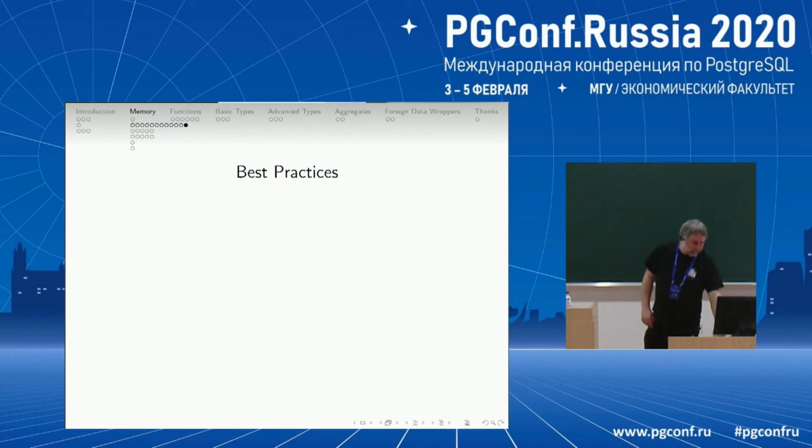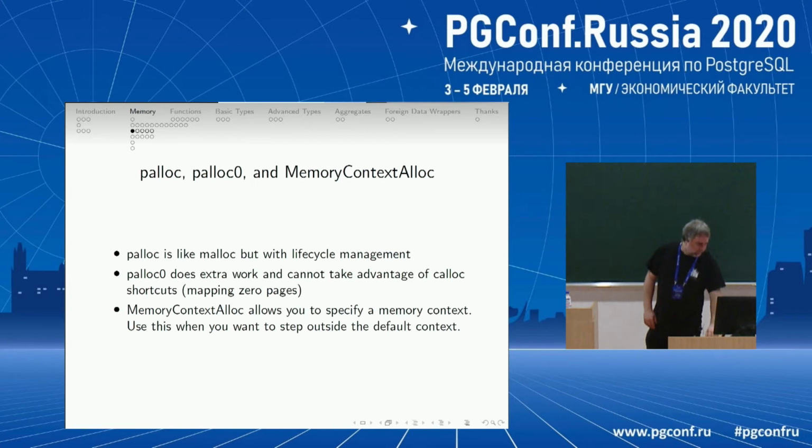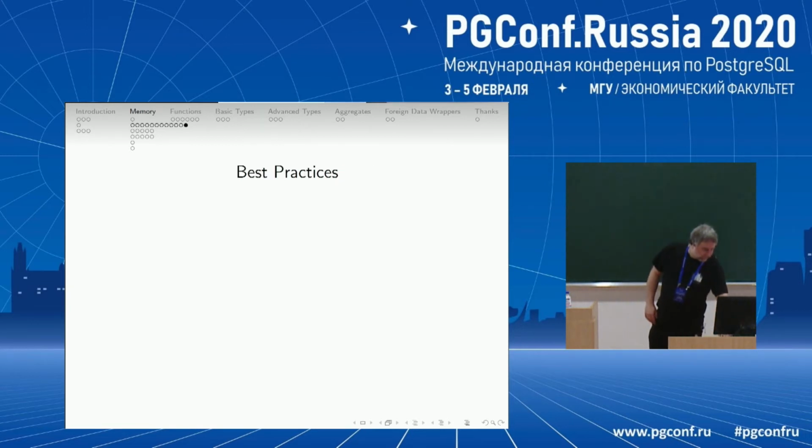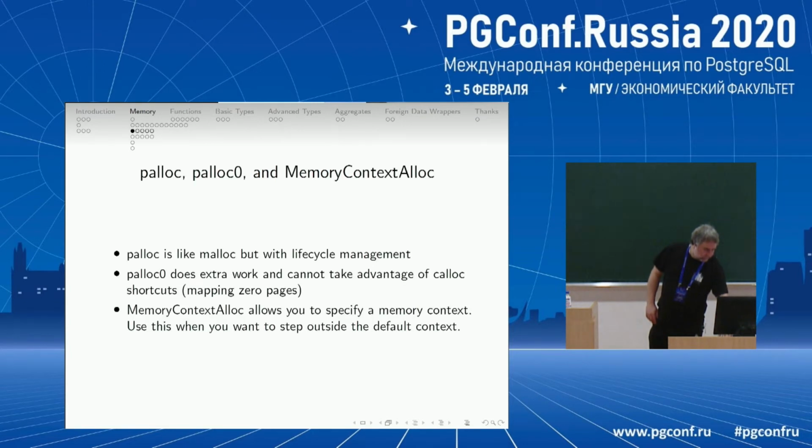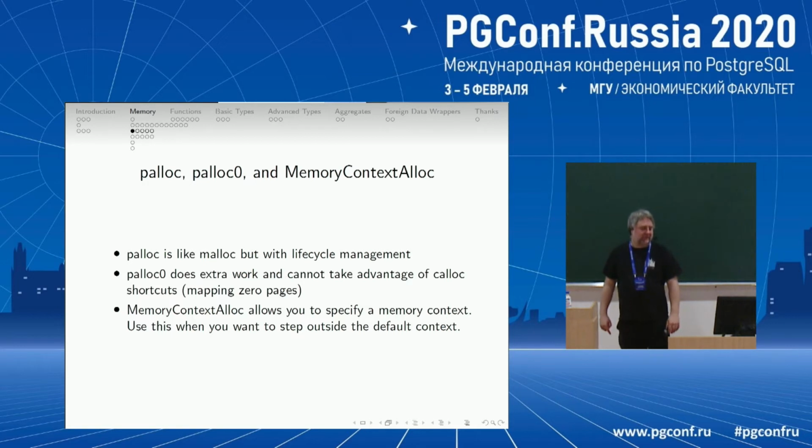So I want to talk quickly about best practices here, and then we'll start to get into examples. So for best practices, know the difference between palloc, palloc0, and memory context alloc.